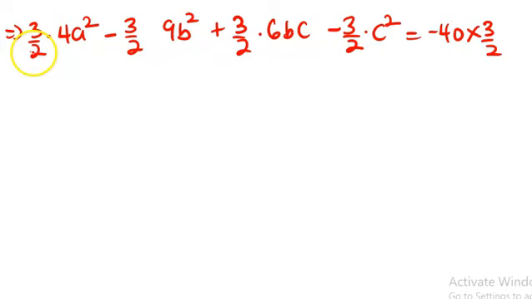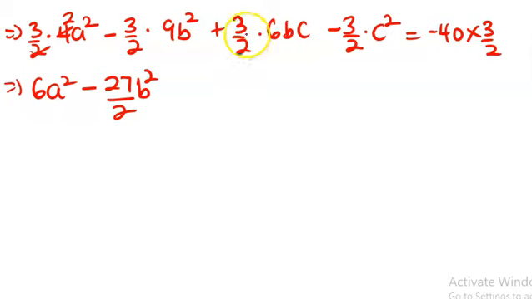Okay, 2 will go into 4 2 times, so we have 3 times 2, which is 6a squared. Now minus 3 times 9 is 27, so we have minus 27 on 2 b squared. Now 2 will go here, 3, so we have 3 times 3, plus 9bc. Good.